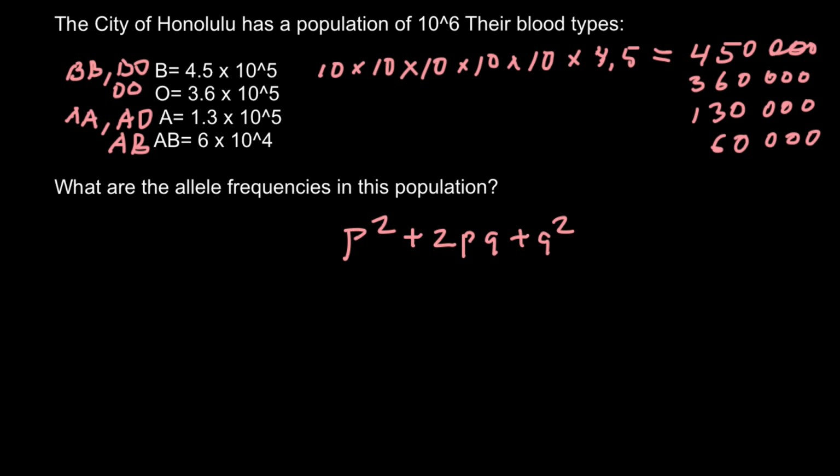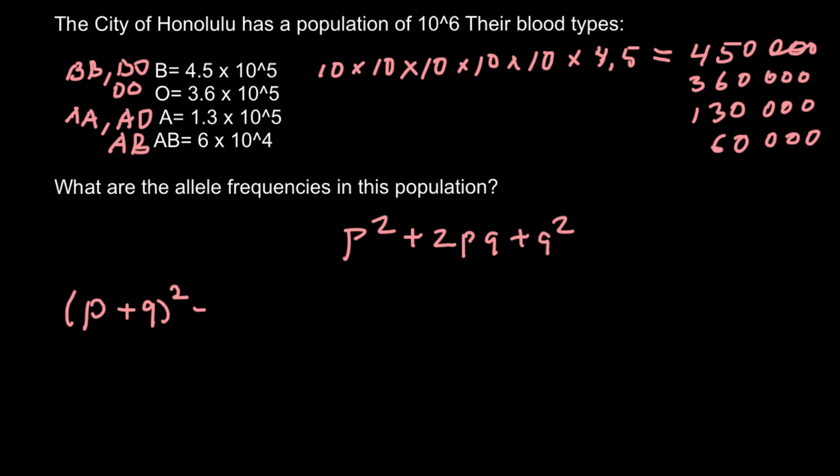But how did we get this formula? This is the explanation: when we have two alleles in the population, allele P and Q, and we have a diploid organism, that's why we have to raise to the power of 2.